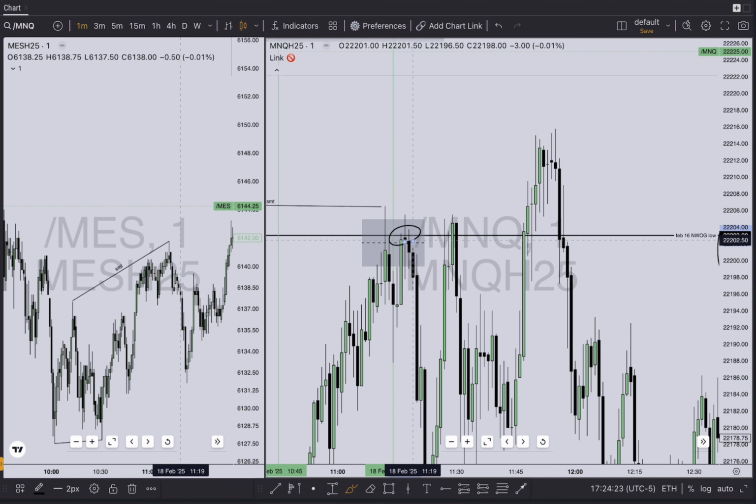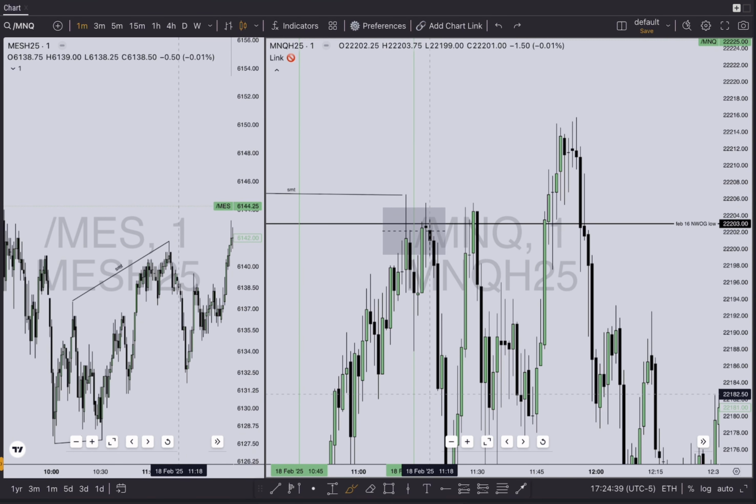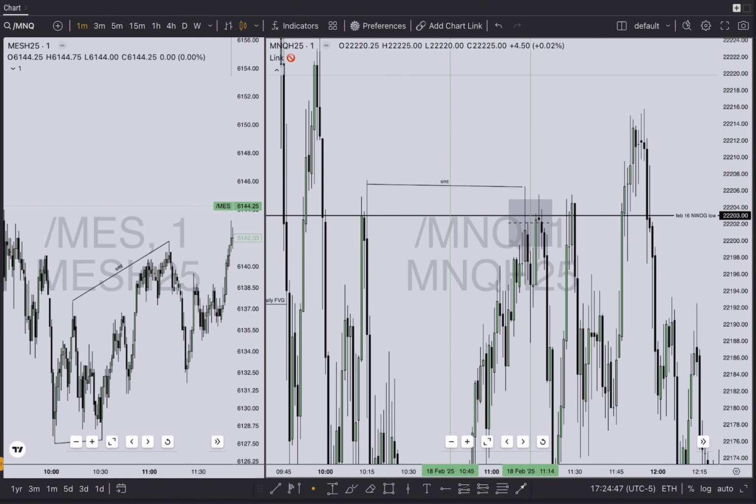We wicked up over it once, twice, three times, four times. Candles were not wanting to close above it. It was respecting it. In terms of the candle closes, nothing closed above it. In four taps. So that would have been another sign to consider maybe cashing something out.